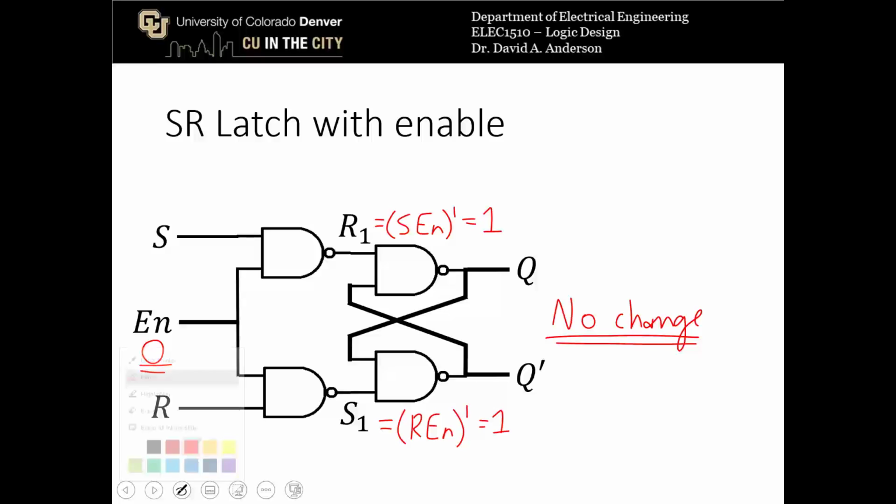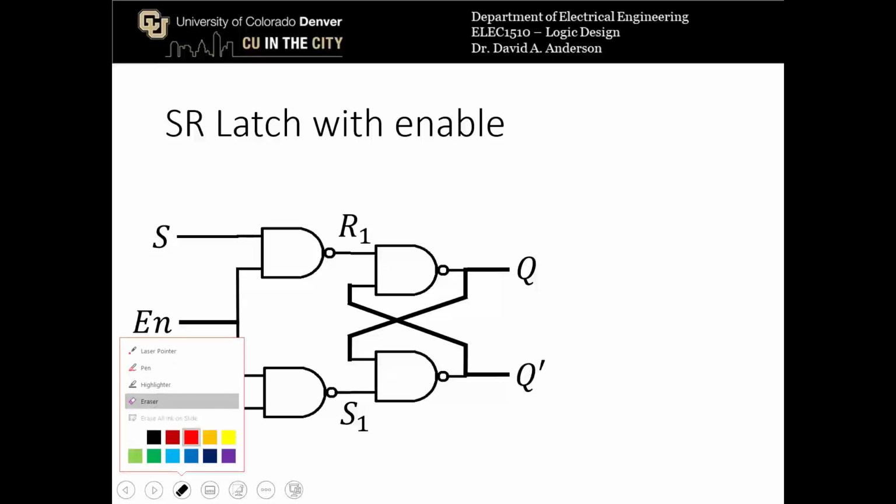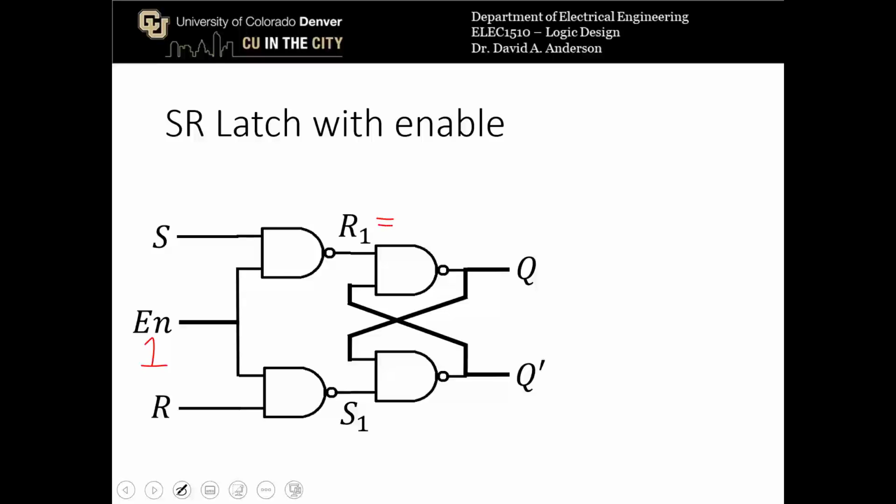Now let's look at what happens when enable is a 1. If enable is a 1, that means that R sub 1 is equal to (S times 1) prime, so that's S prime, and S sub 1 is equal to (R times 1) prime, which is R prime.